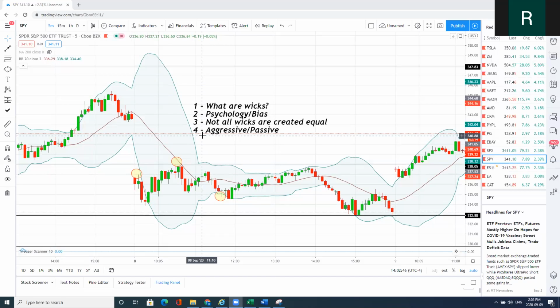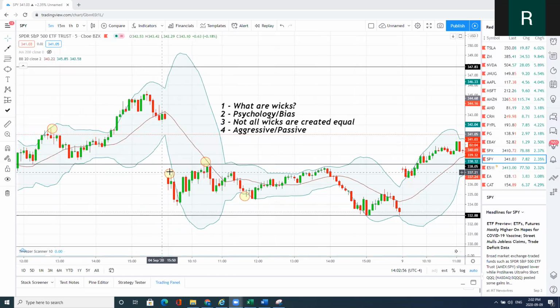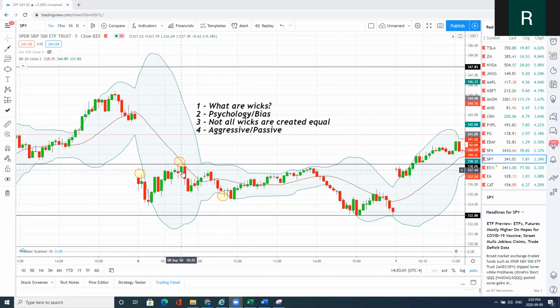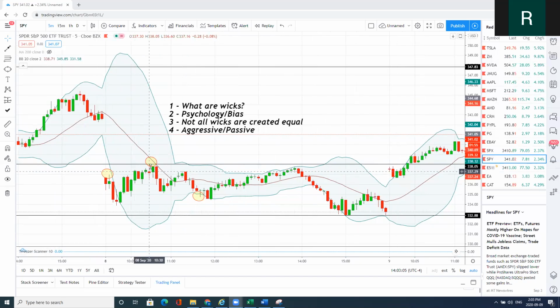But not all wicks are created equal. In general, if we're looking to short, we want to see the wick at either a Fibonacci level, previous resistance, or at the high, the extreme point on the chart. These two short wicks are good wicks because they're at the highest point on the chart at that time, right?